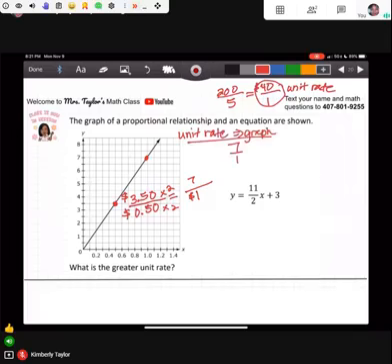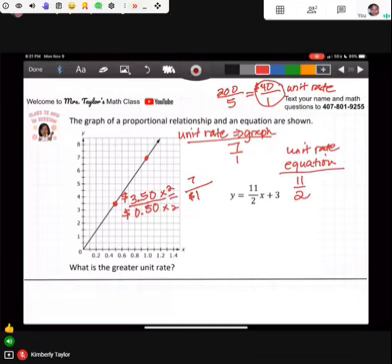Now, what is the unit rate for the equation? This is 11 over 2.